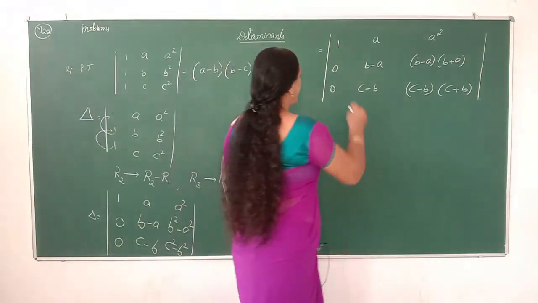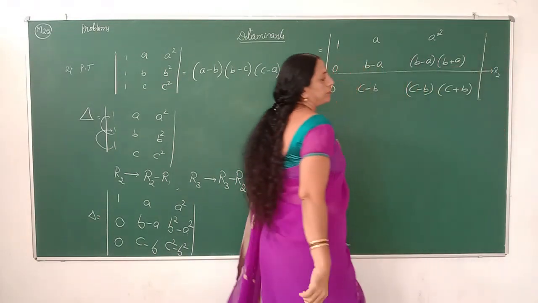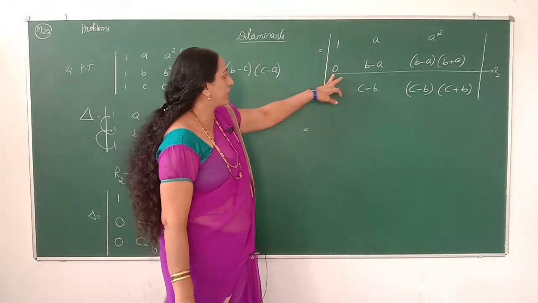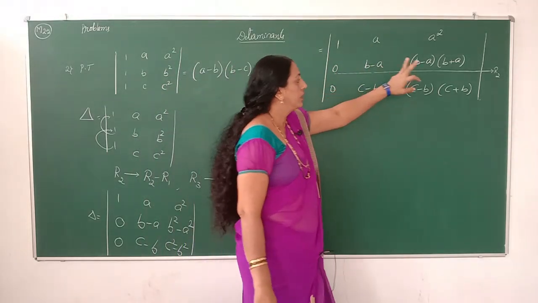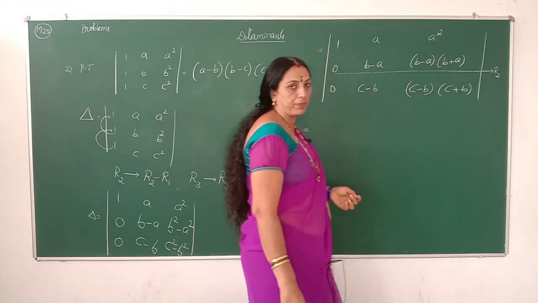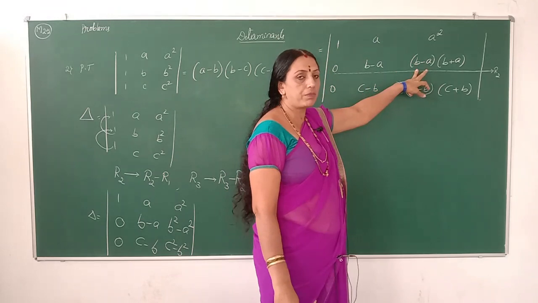So, we observe the elements of the second row: 0, b minus a, and (b minus a)(b plus a). The second and third elements are multiples of b minus a.